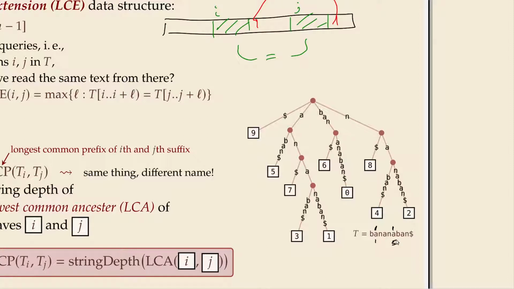So if you execute this, you would find i and j here and here. Their lowest common ancestor is this node, and it has string depth 1. So that would mean I can read one character that is equal, and then the next one is actually already a mismatch. And that works out in our example.